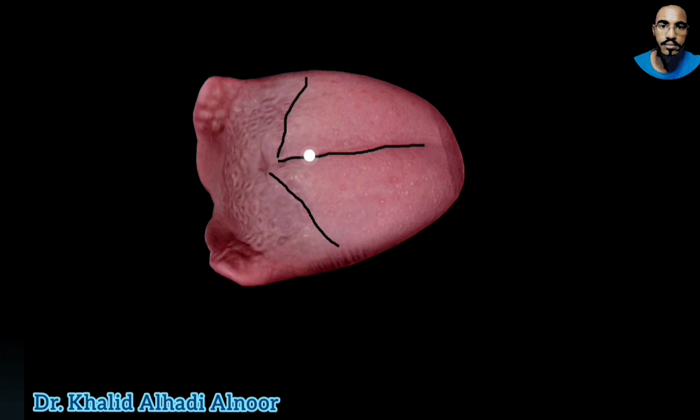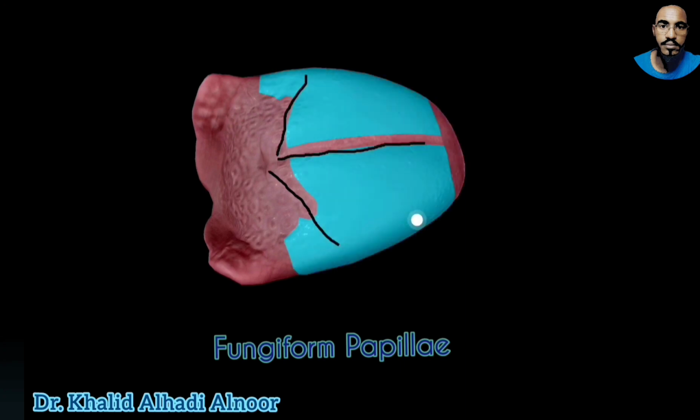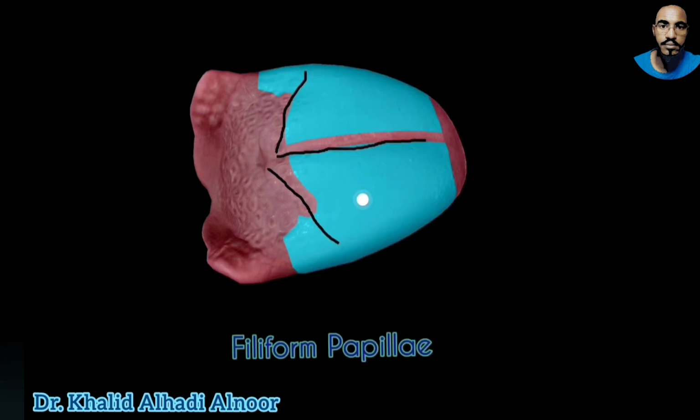In the anterior 2/3 of the tongue there is a collection of the taste spots, which are called papillae. Here, anterior to the terminal sulcus, are the vallate papillae. In the apex, fungiform papillae. In the body of the tongue, filiform papillae.